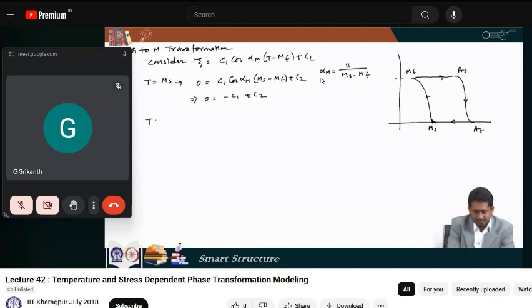And then if we put the other condition, which is T is equal to MF, at T is equal to MF the material transformed to martensite, which means xi becomes 1 here.